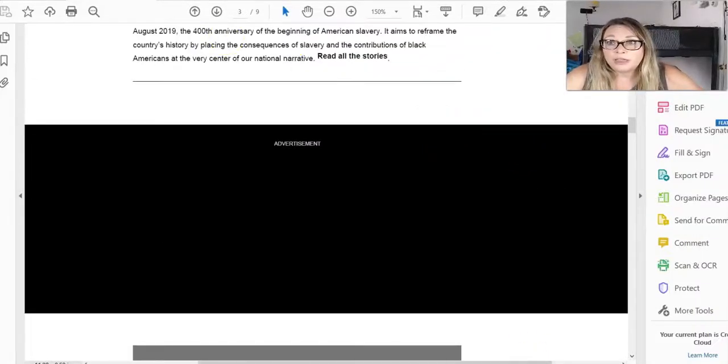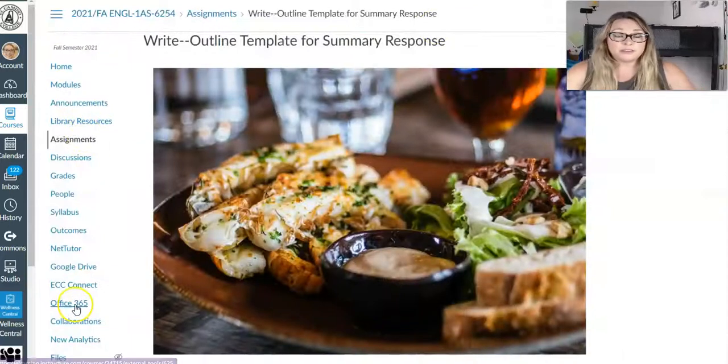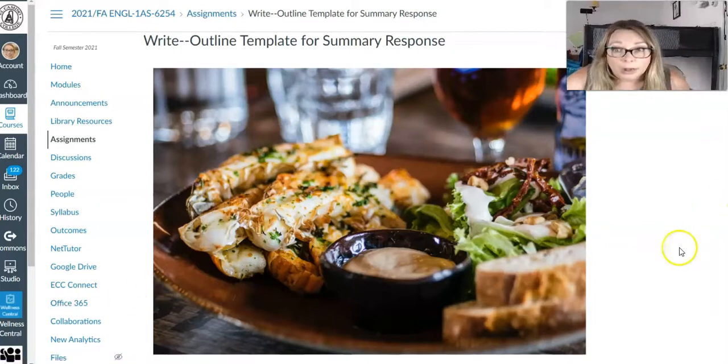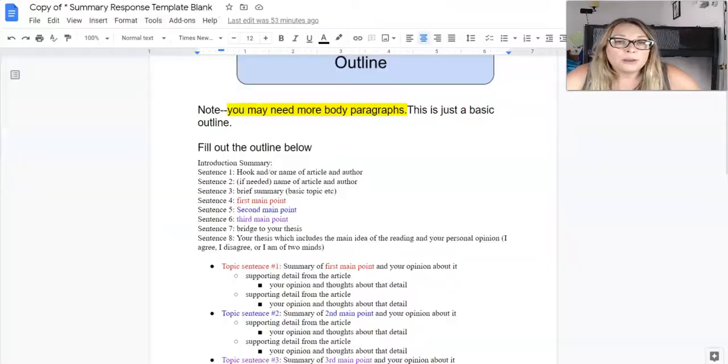Okay, so I'm going to go back. Here is the assignment where you're going to write a summary response, and I have a template outline for you already. Open up my copy. If you look here, I have a list summary represented. And I know that the book says that a list summary is boring, right? They're not particularly good.